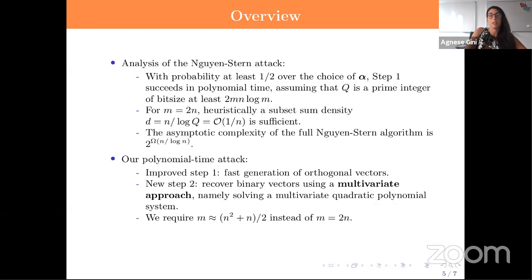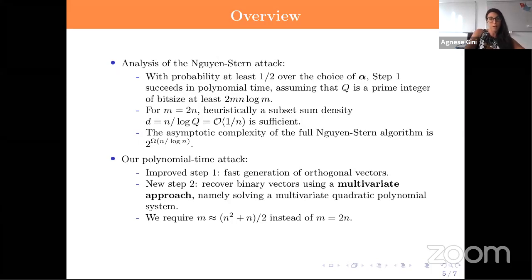Our second step is an algorithm to recover binary vectors using a multivariate approach. Namely, we solve a multivariate quadratic polynomial system via linear algebra. For this, we require a number of samples m which is quadratic in n, but in this way, we obtain a polynomial time algorithm. Since we required more samples, we also had to improve the first step for generating more orthogonal vectors.